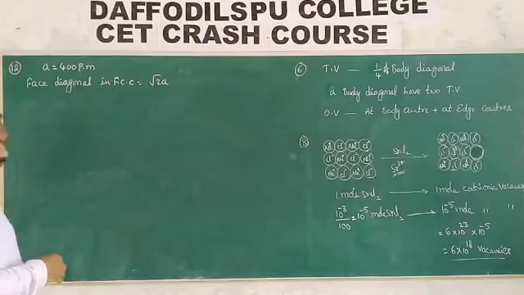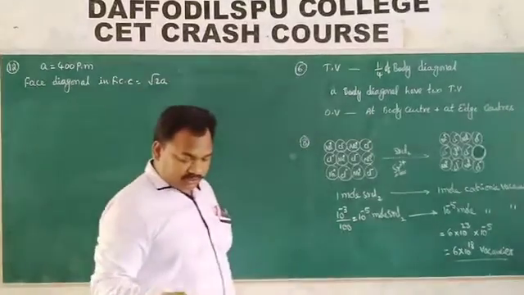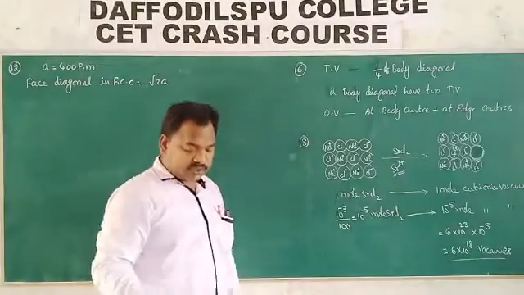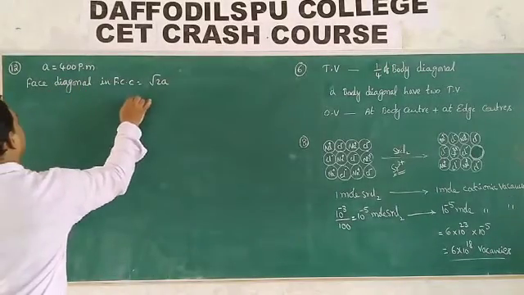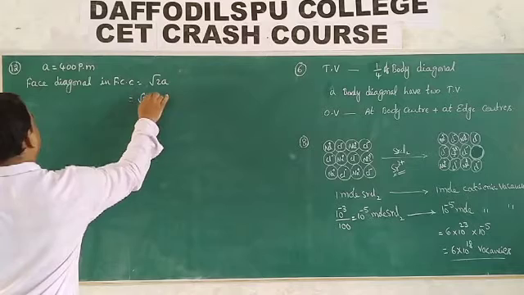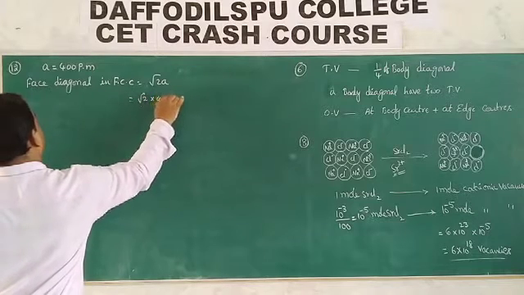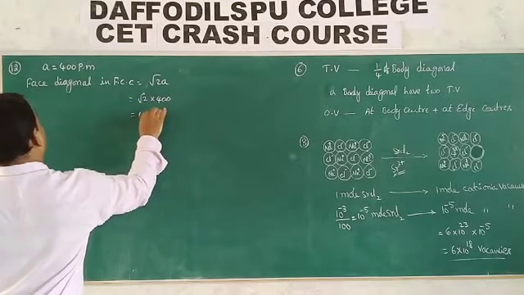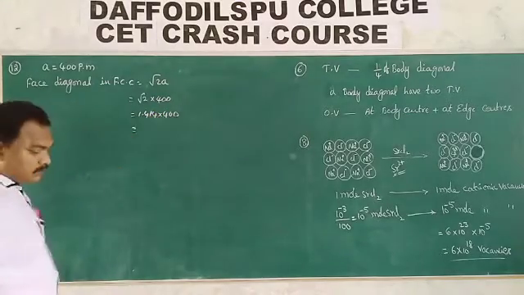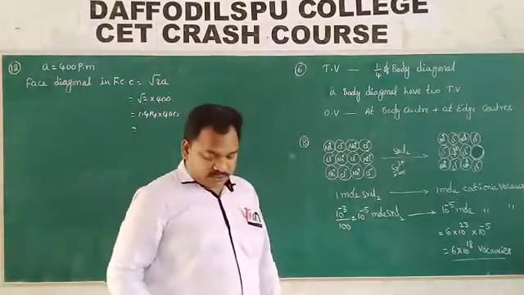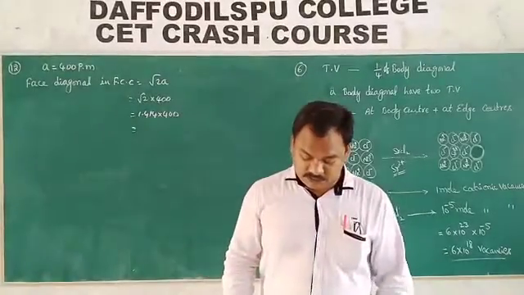So they are asking the face diagonal length. I think the edge length of a unit cell is 400. So just simply substitute root 2 into 400. This is 1.414 into 400, which is 566 picometers.